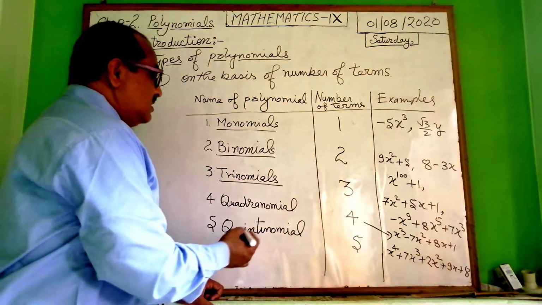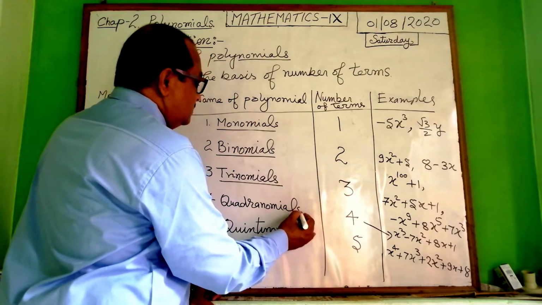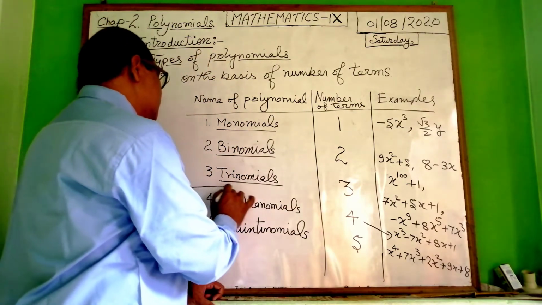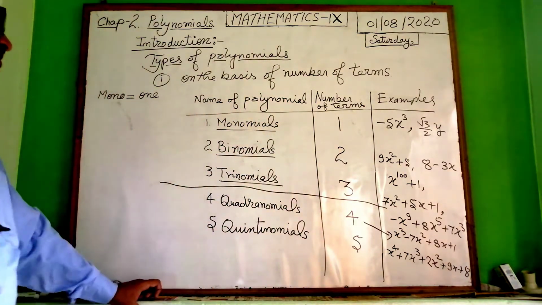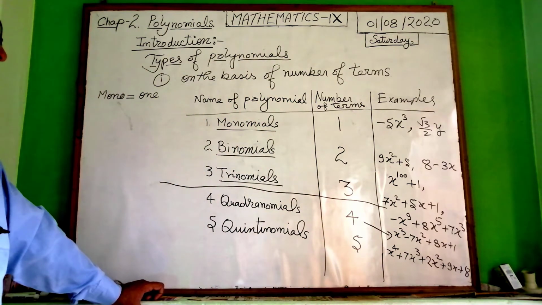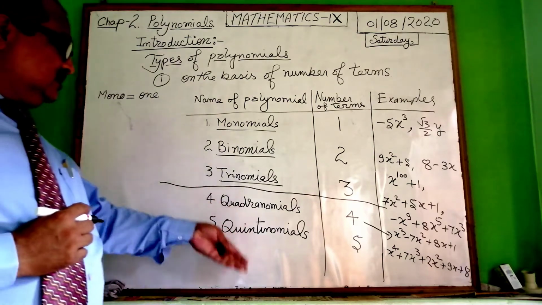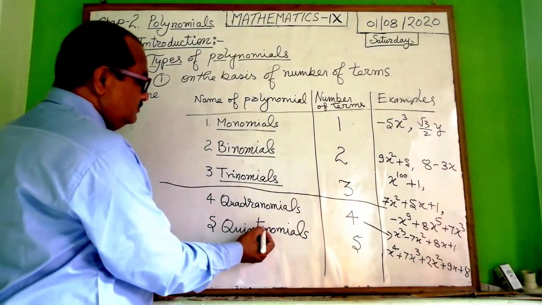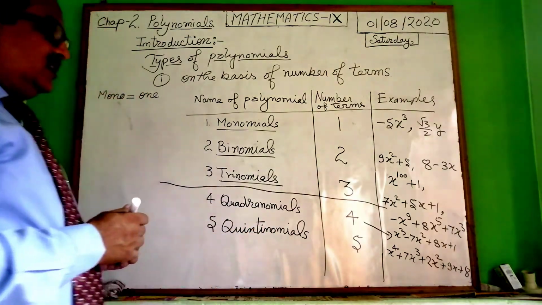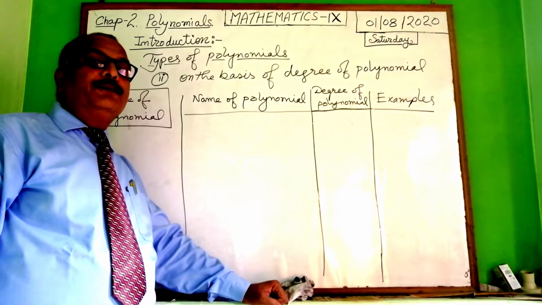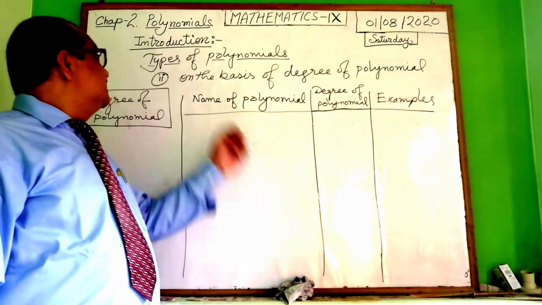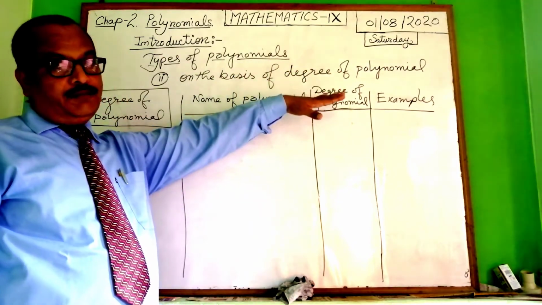So such are called quintinomials. In your syllabus, generally you should learn these three names: monomial, binomial, trinomial, and these are the extra names.